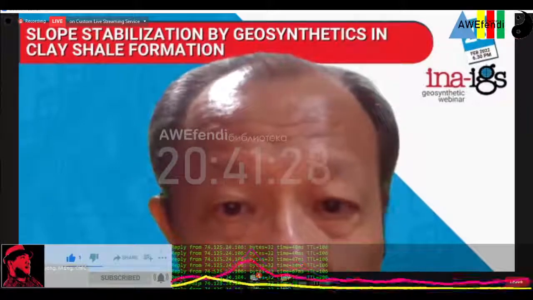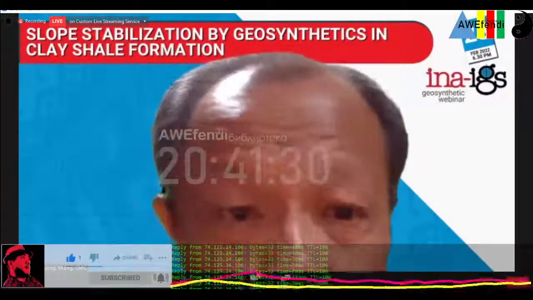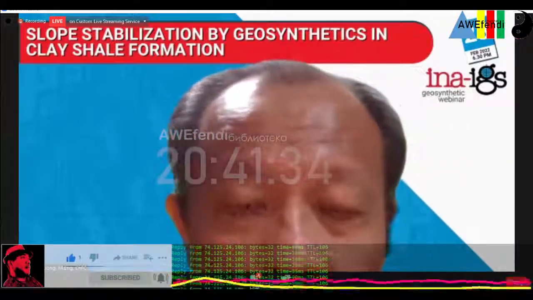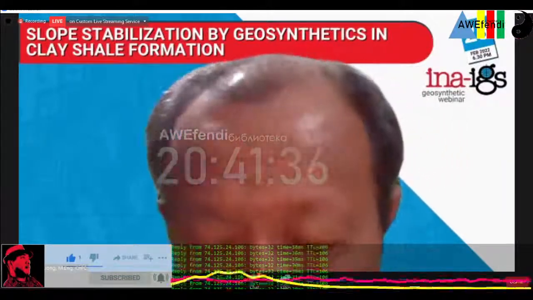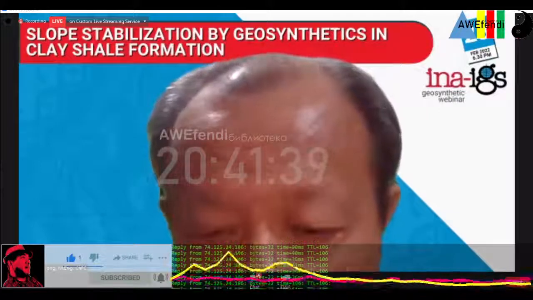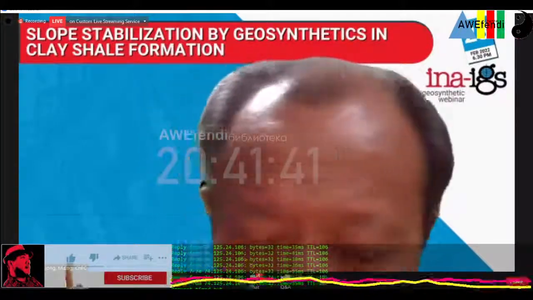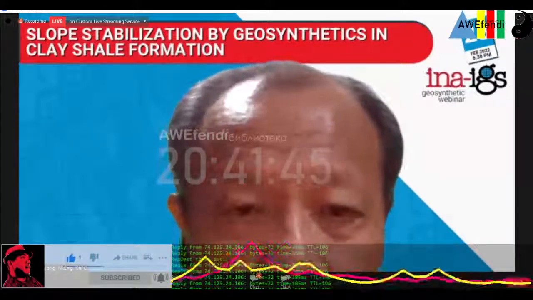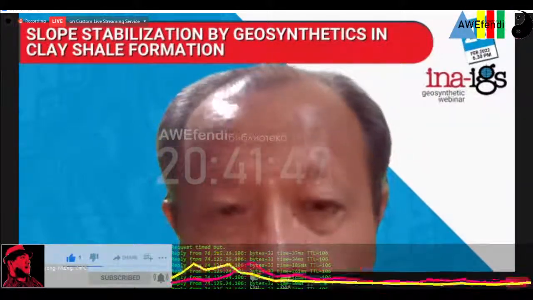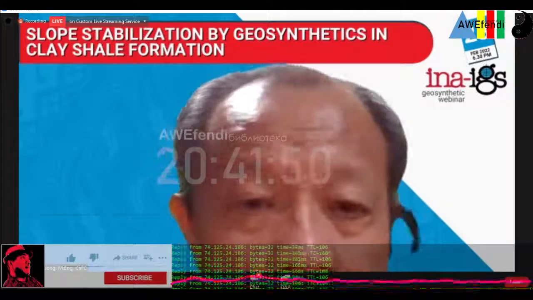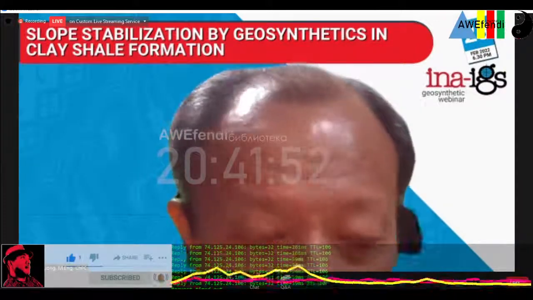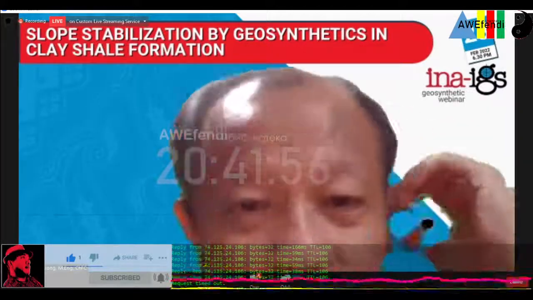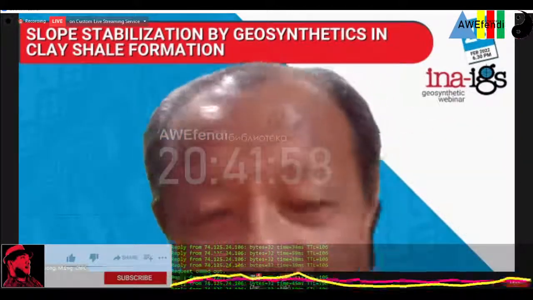What method could be applied on a cut slope that will be exposed? Of course you have to cover it as fast as possible, not expose it, like the situation in Sentul. I encountered clay shell formation back in 1993 when I was called upon at Hambalang, not the Hambalang that's very prominent, but a housing area.